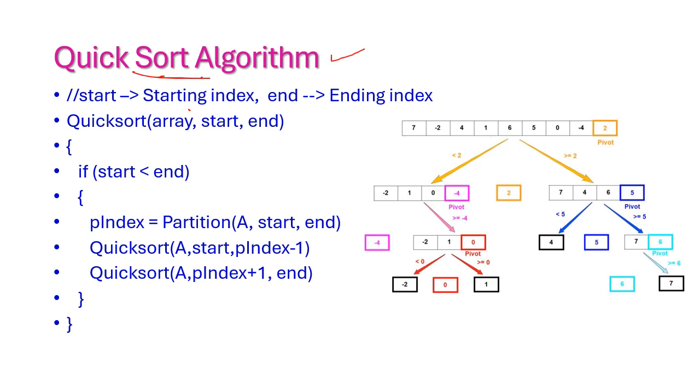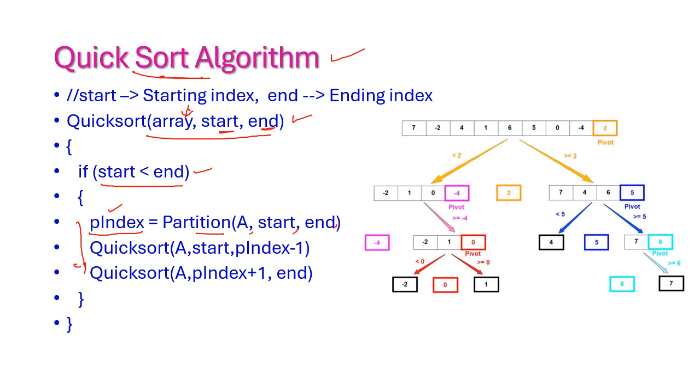The quick sort function accepts three parameters. First one is the array of unsorted data items, then the starting index and the end index. If start is less than end, then it will proceed further. That is, P index means pivot index. Pivot index equal to partition of A comma start comma end.